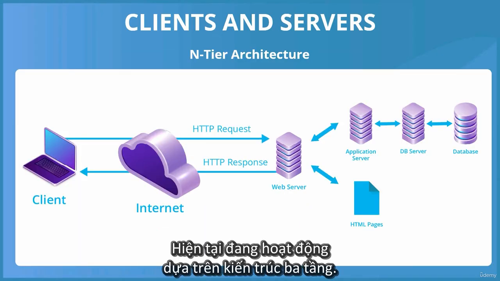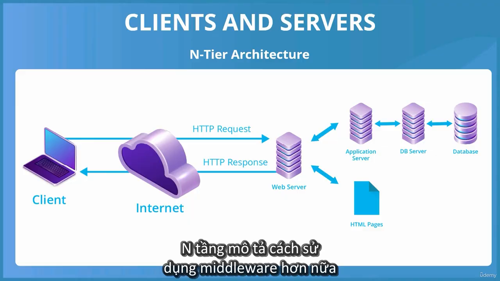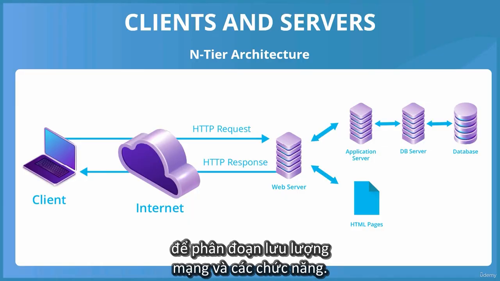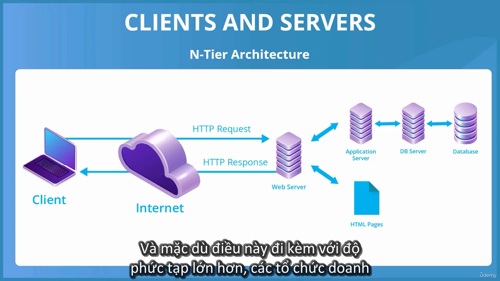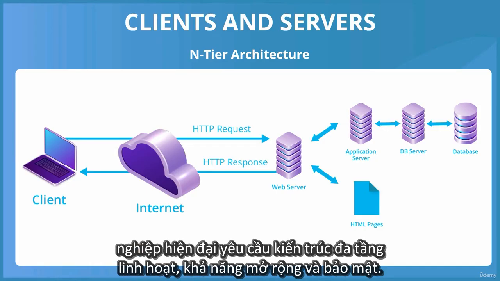Now, working off of the 3-tier architecture, N-tier describes a further use of middleware to segment network traffic and functions. And although this comes with greater complexity, modern enterprise organizations require multi-tier architecture's flexibility, scalability, and security.